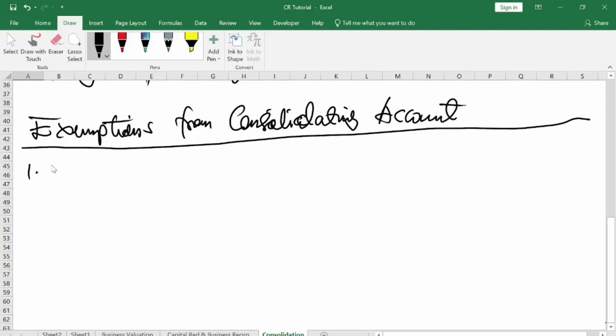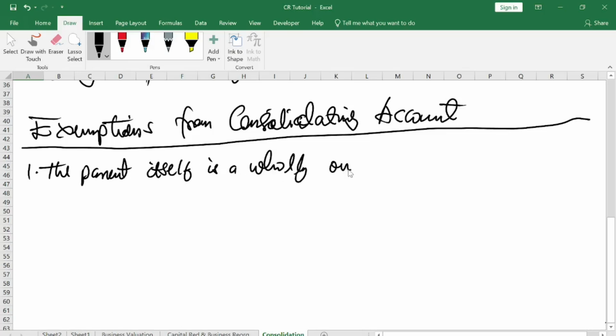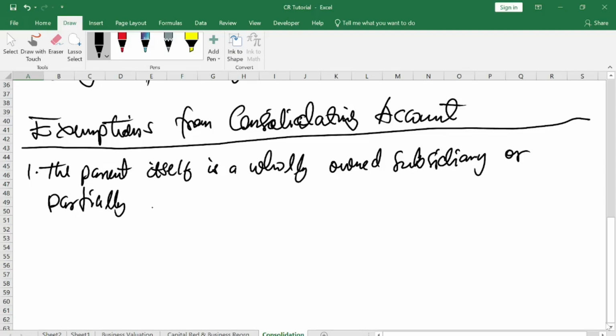So one, maybe the parent itself is a wholly owned subsidiary to another company.